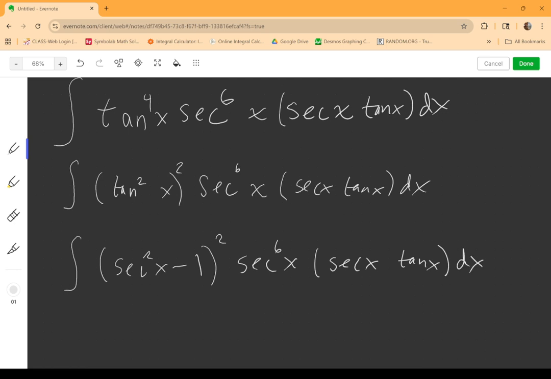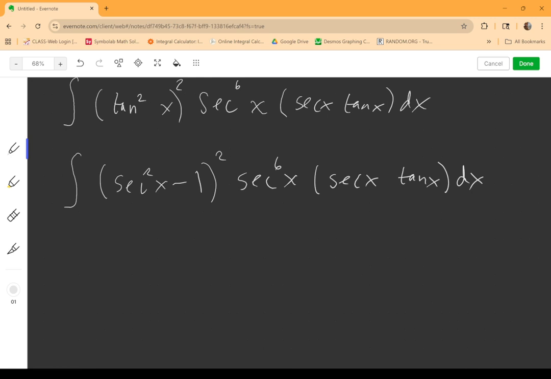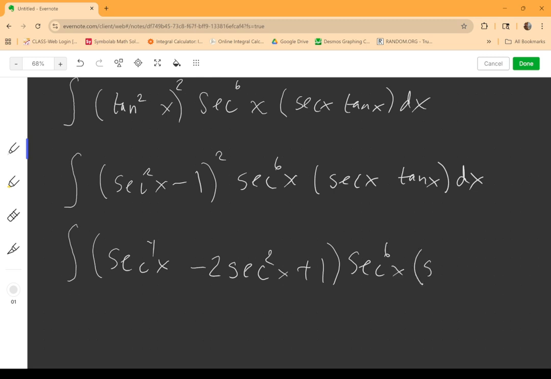All right, and now distributing here, expanding, we'll get secant to the 4th power of x minus 2 secant squared x plus 1 times secant to the 6th of x times secant x tangent x.